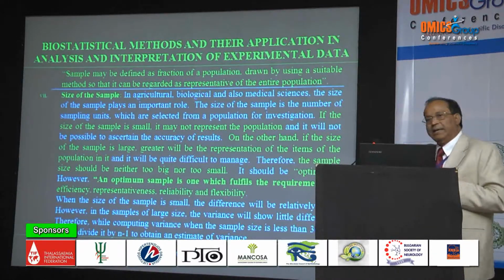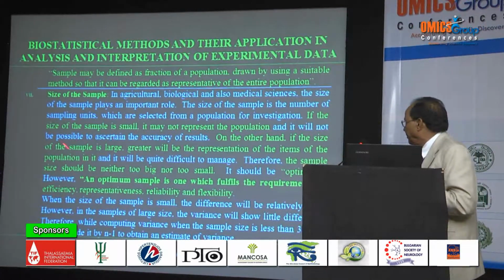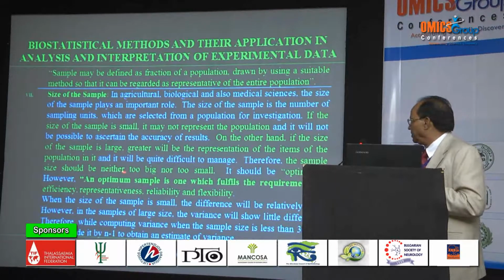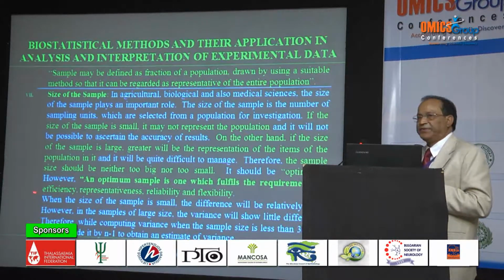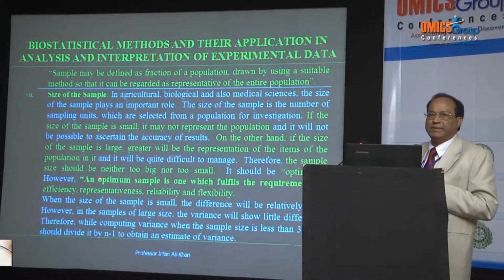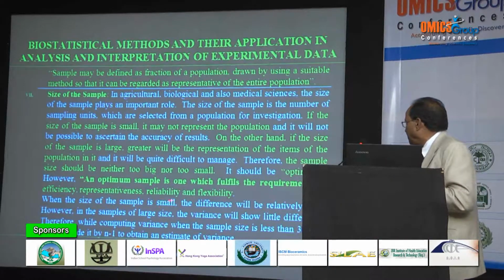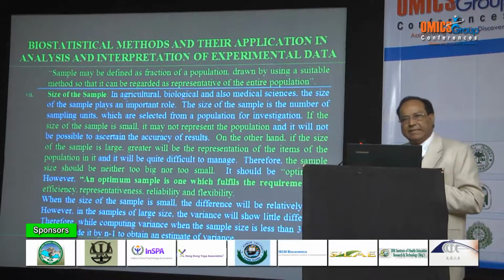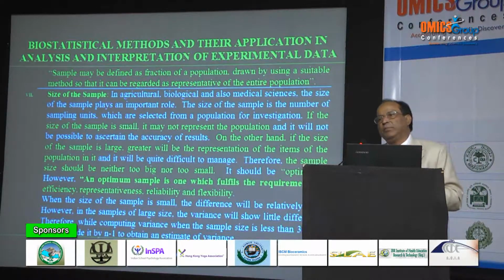Sometimes we talk of less than 30, sometimes more than 30, but the sample should be optimum, fulfilling the requirements of efficiency, effectiveness, reliability, and flexibility. When we are talking about sample, you should be very careful. If it is less than 30, we have to use a correction factor, that is n minus 1.